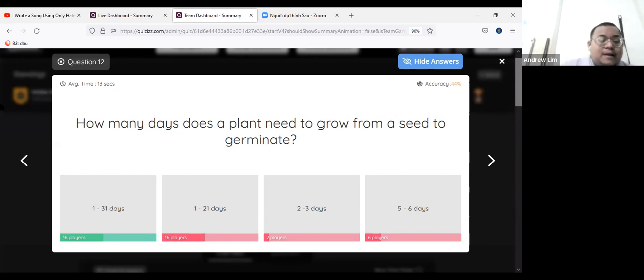How many days does a plant need to grow from a seed to germinate is actually 3 to 21 days, which in fact, whoever chose 1 to 31 or 1 to 21, both are correct. So this question has two answers: 1 to 31 days and 1 to 21 days. All right, next question, please.